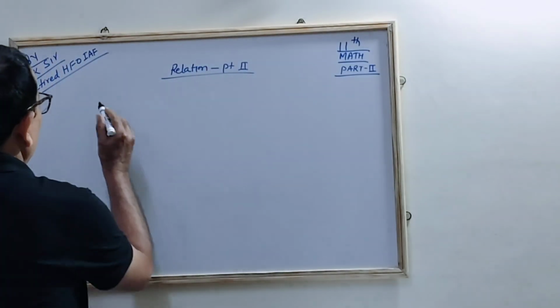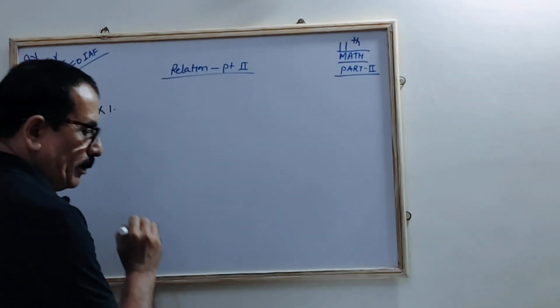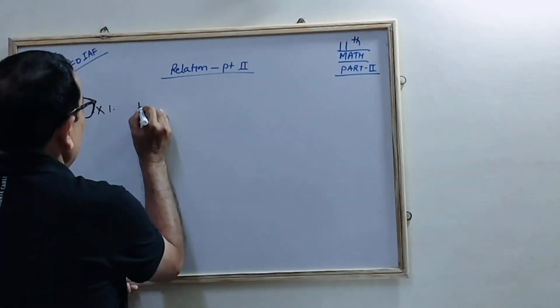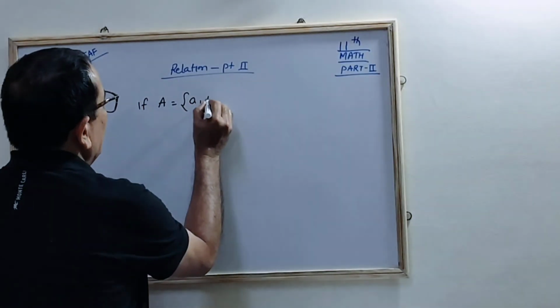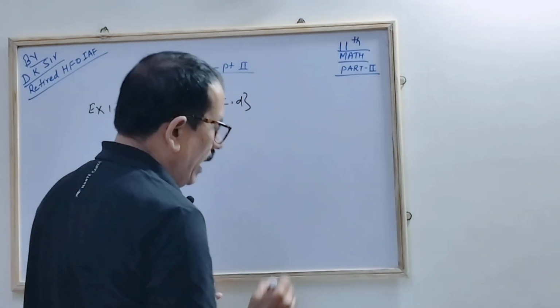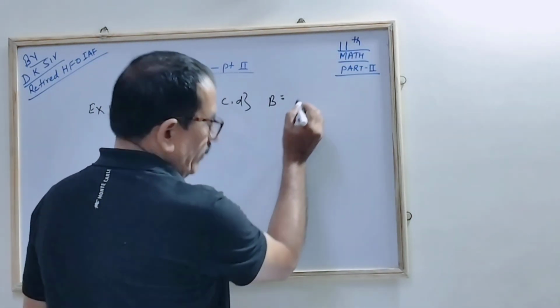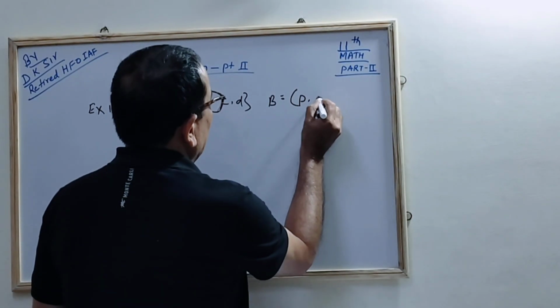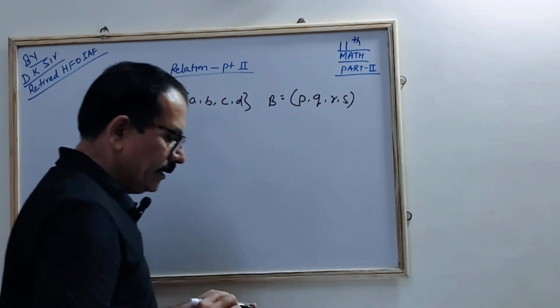Example 1. Suppose A is given as A = {a, b, c, d}, and the other set B is given as B = {p, q, r, s}. There are two sets.